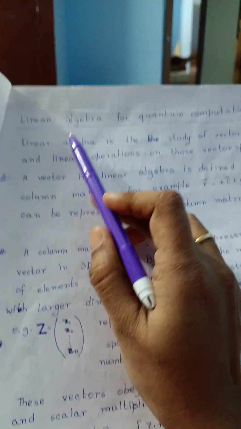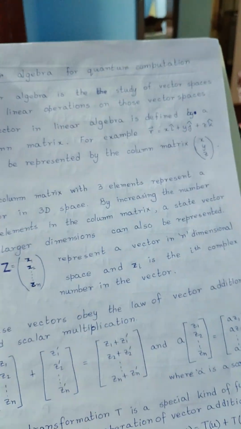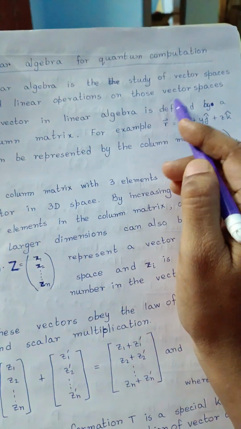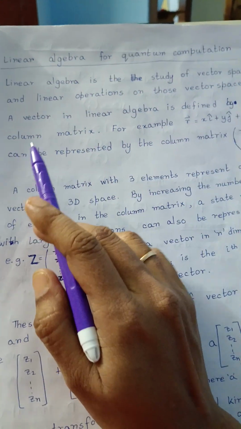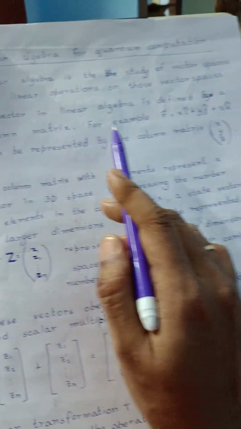Now, go to your notes. If you go to your notes, just read it, just see. Linear algebra, what we told, is the study of vector spaces and linear operations on those vector spaces. A vector in linear algebra is defined by a column matrix.